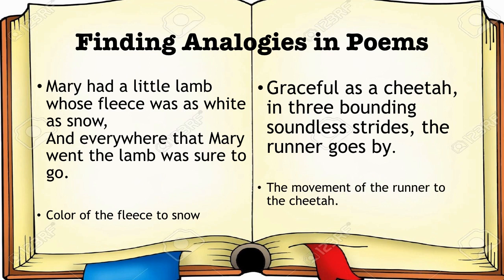If you said the movement of the runner to the cheetah, you are absolutely correct. Graceful as a cheetah. And if you look here again, this is another type of figurative language that we did in the past. And so you're going to learn more about these type of figurative analogies later on in the week. This is just a tip of the iceberg today.